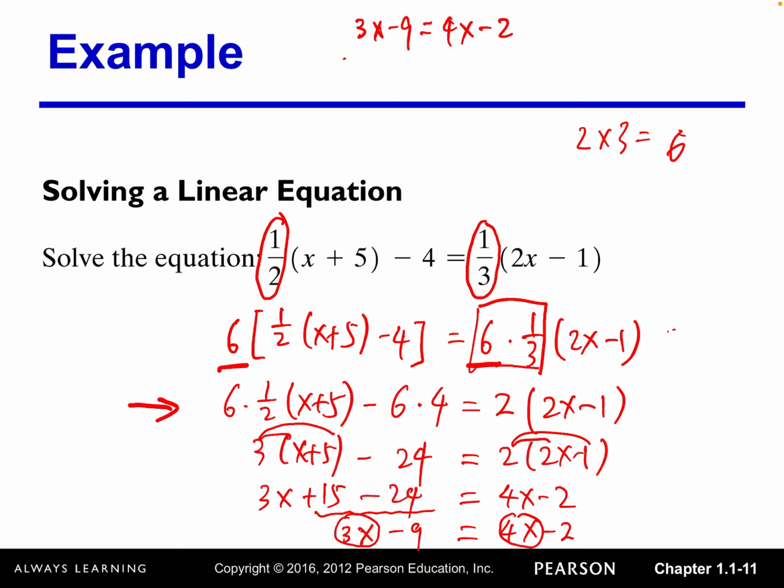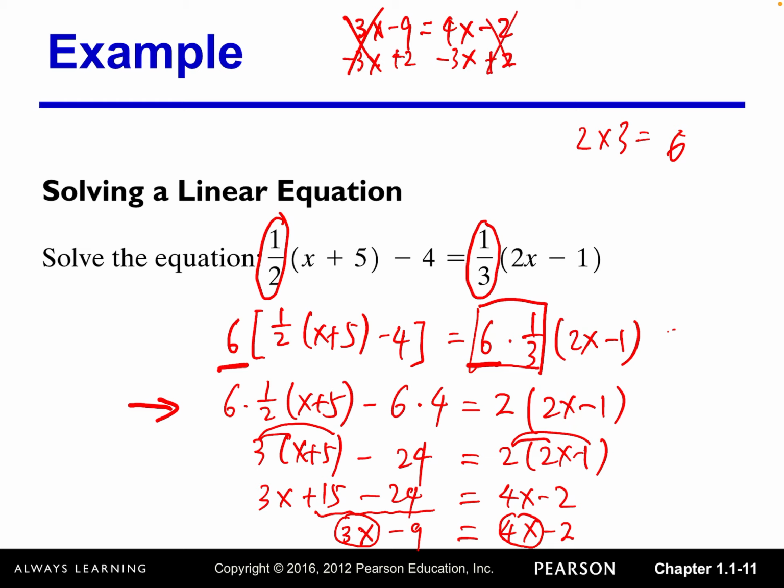So what I will do, subtract 3x from both sides, and at the same time, the constant term moves to the left, sorry, add a 2, right? So left-hand side, this term cancels, right-hand side, this term cancels.